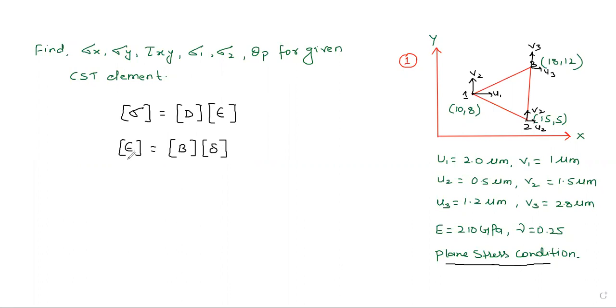So a strain matrix can be found by multiplying the strain displacement B matrix, which we already know, into the delta matrix. Let us take the first as equation number 1 and this as equation number 2.